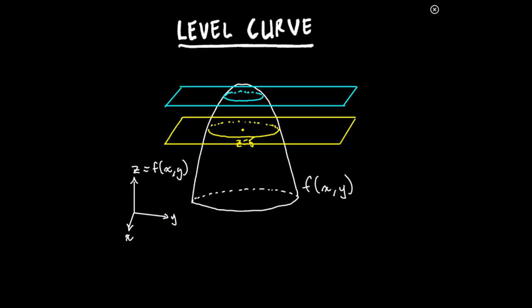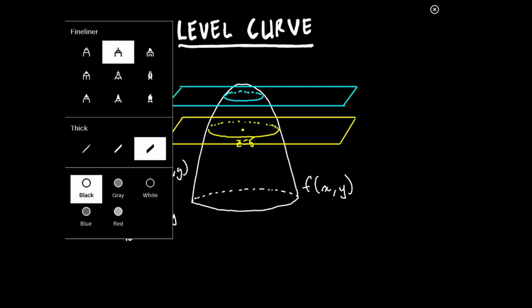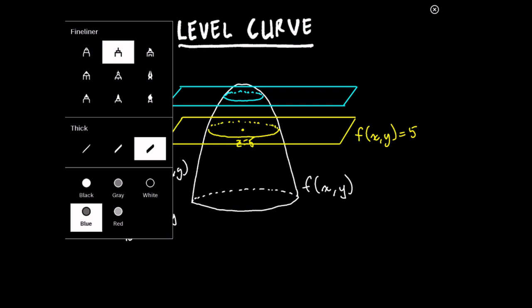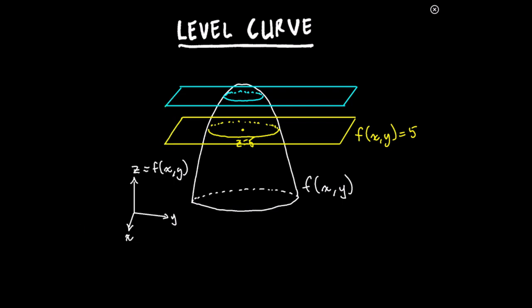And so what you would be doing for these different level curves is you'd be setting f of x, y equal to 5 in this case. And then for this other one, you'd be setting f of x, y equal to 7. And as we change the value that we fix this function to, the level curve moves up or down.